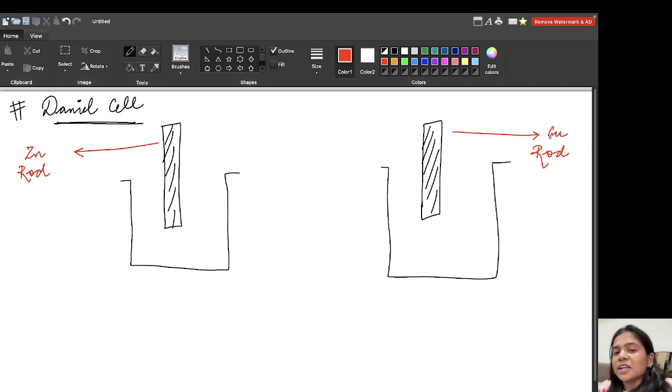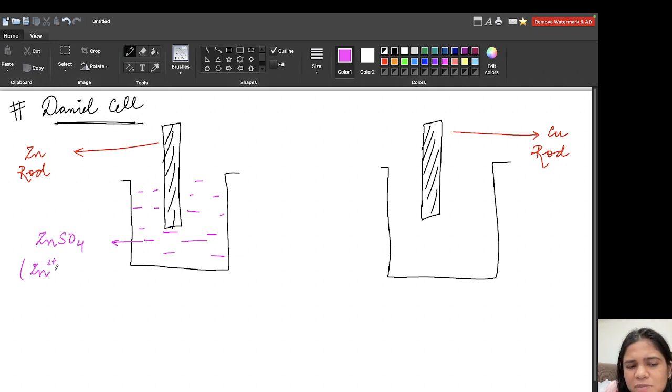They are both dipped in their own solution. The zinc rod is dipped in ZnSO4, zinc sulfate solution. Zinc sulfate solution has two kinds of ions: Zn2+ and SO4 2-. These are the ions present in zinc sulfate solution.